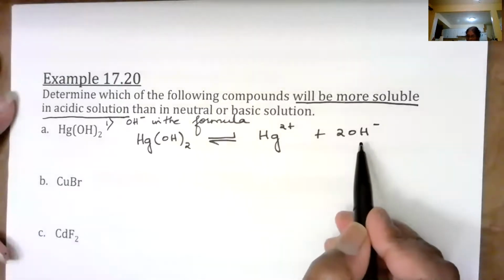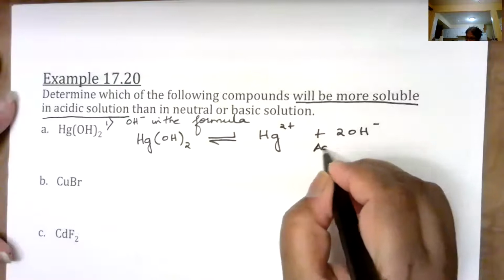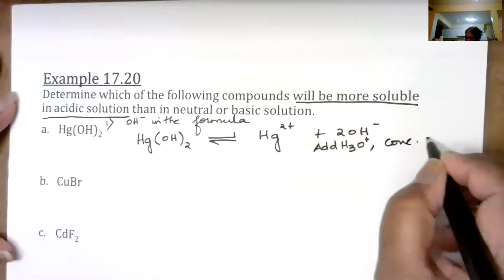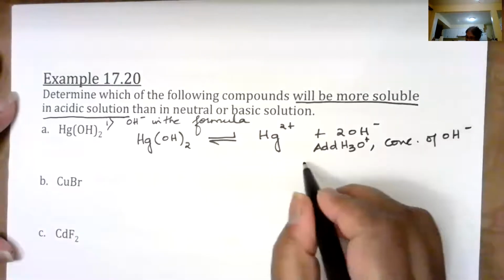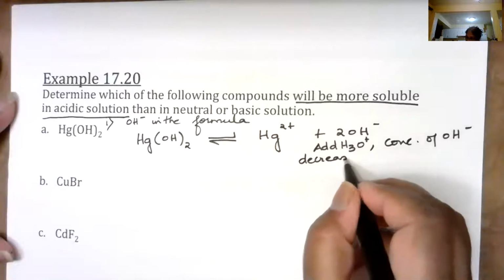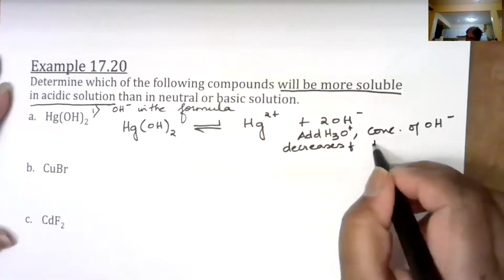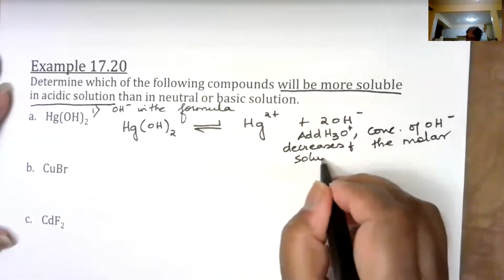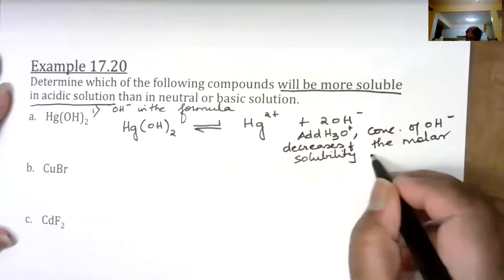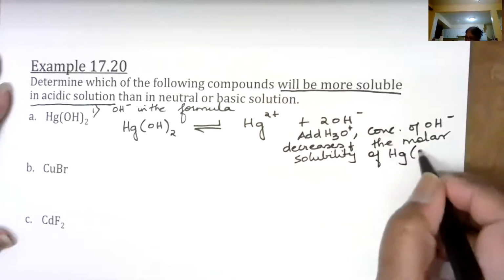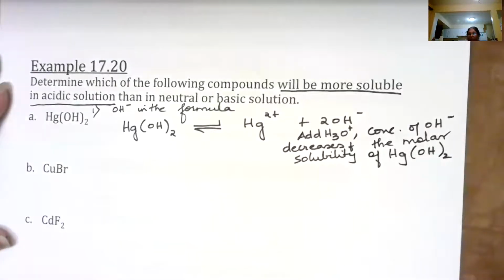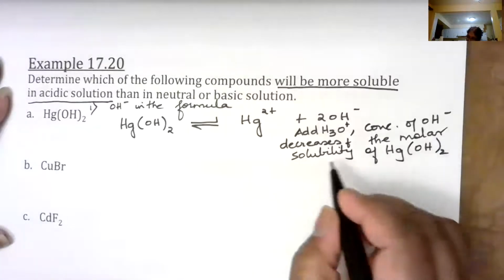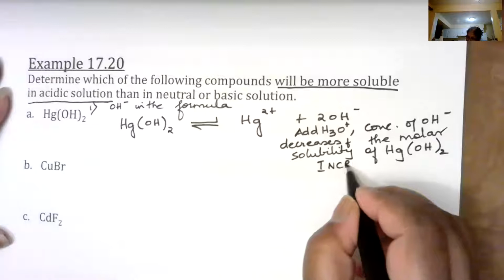So again, you have the free OH minus ions. If you add H3O plus, the concentration of OH minus decreases. And the molar solubility of Hg(OH)2, this is mercury(II) hydroxide, the molar solubility of Hg(OH)2 increases.